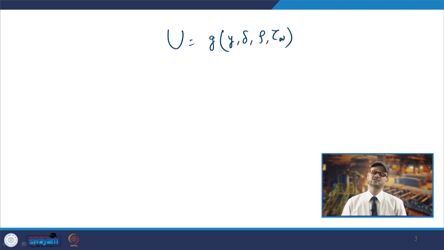That is what is normally there when you are moving away from the wall. If you do the dimensional analysis, you get again u plus, that is u by u tau, the friction velocity, and that becomes g of y by delta.